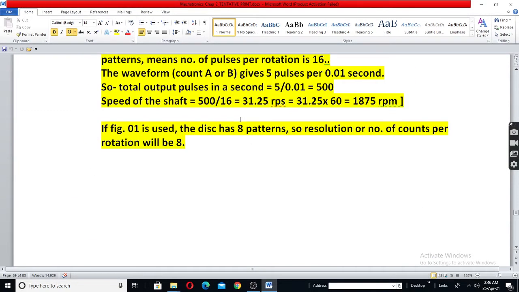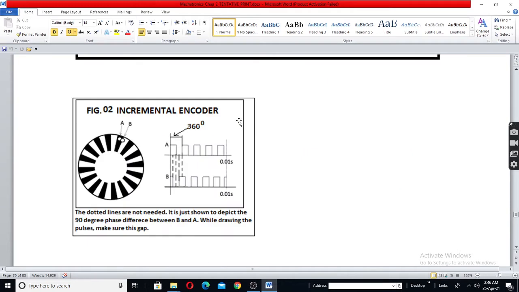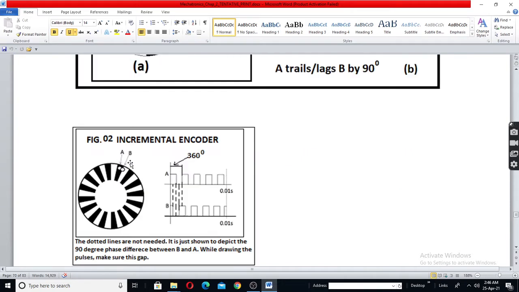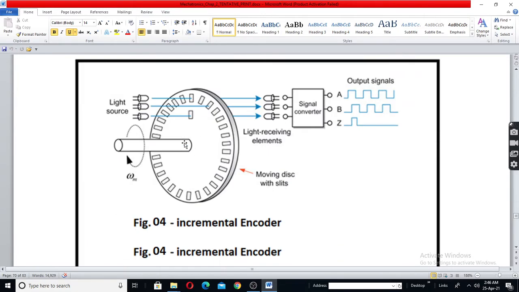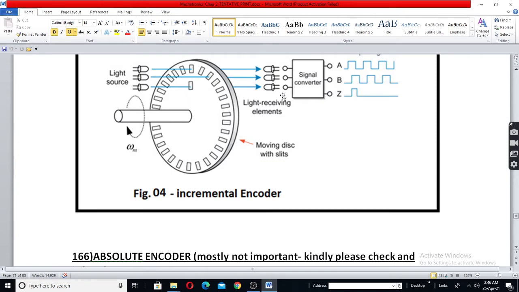Relative means incremental, means position of shaft is determined or calculated with respect to some reference. See, Z is there. With respect to this reference, we are incrementing, say 5 degree, 10 degree, 20 degree. So relative means incremental.